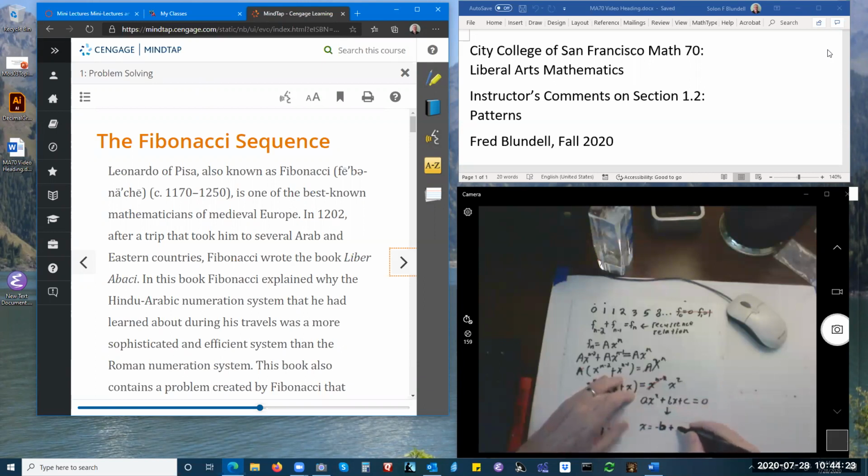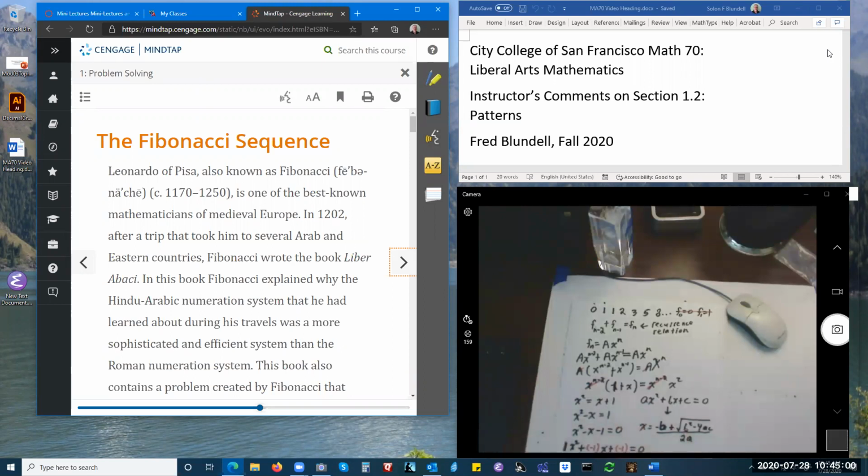Negative b plus or minus the square root of b squared minus 4ac, over 2a. So how do I make this look like that? See, this is 1 times x squared plus -1 times x plus -1 equals 0.